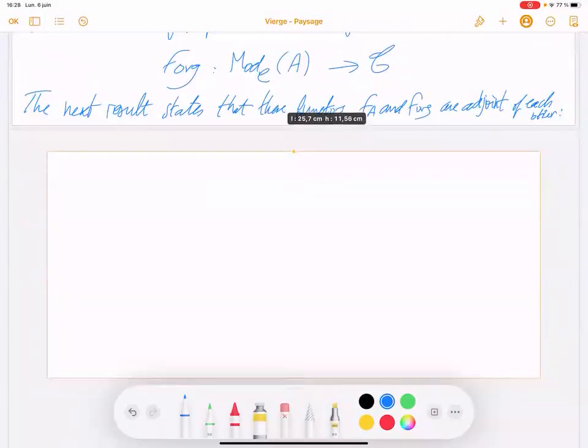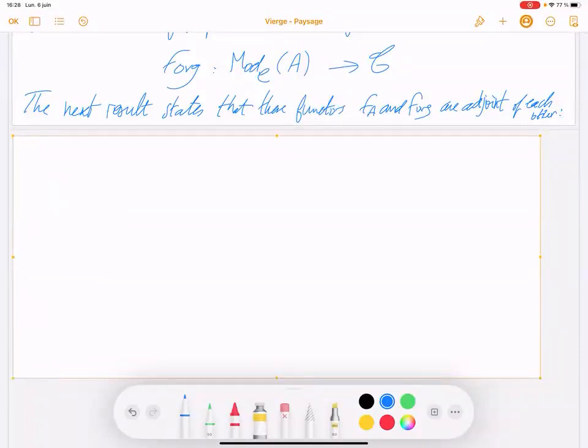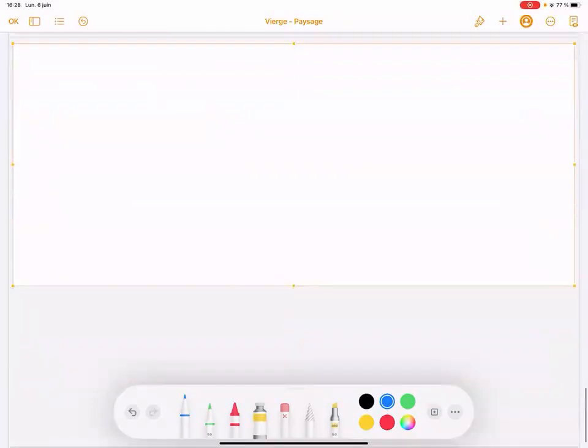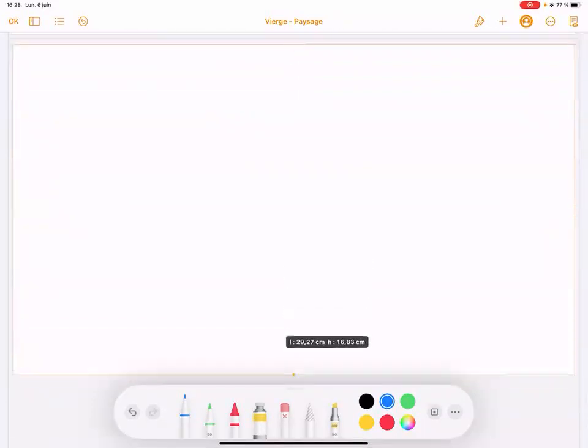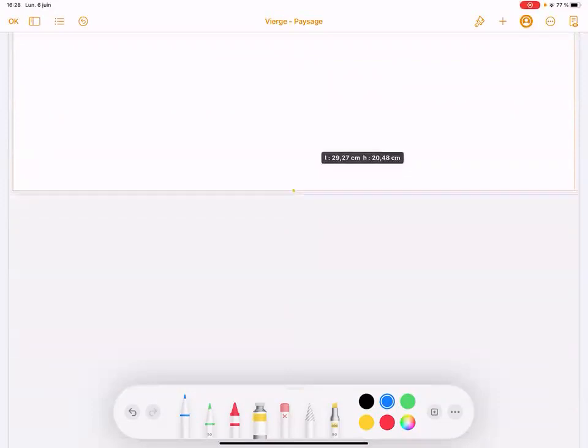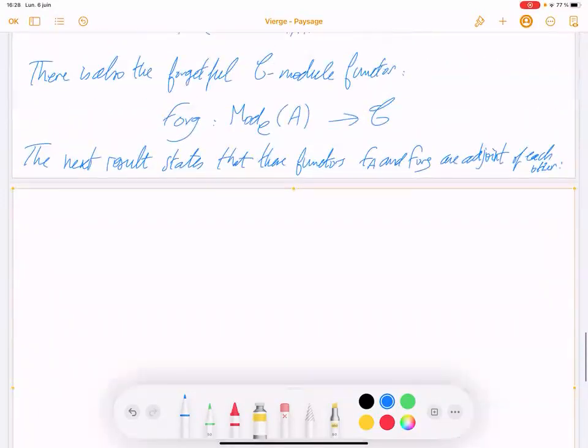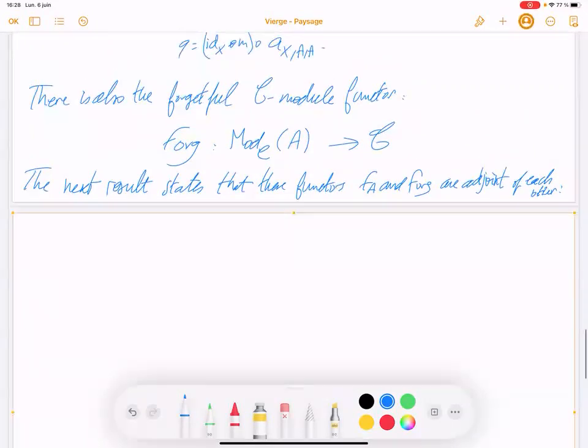And the proof, or the sketch of the proof, will be just to write the appropriate morphism, the appropriate natural transformation, natural isomorphism.